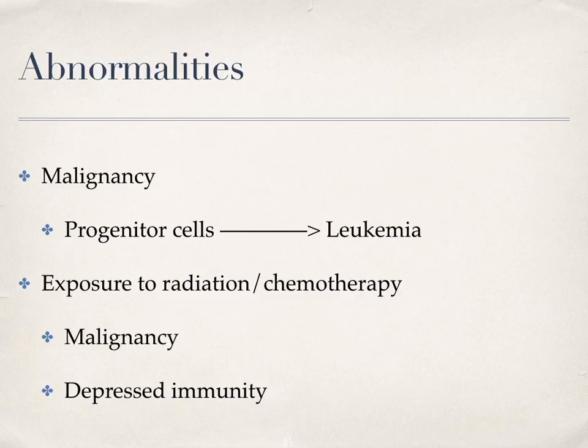Because radiation and chemotherapy is essentially killing cells within our body, it will kill many of the rapidly dividing cells of the bone marrow. This process could lead to malignancy, which would then lead to things like leukemia, and it could also result in depressed immunity because those necessary cells are constantly being killed off.